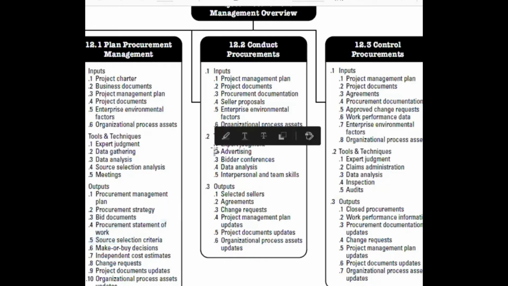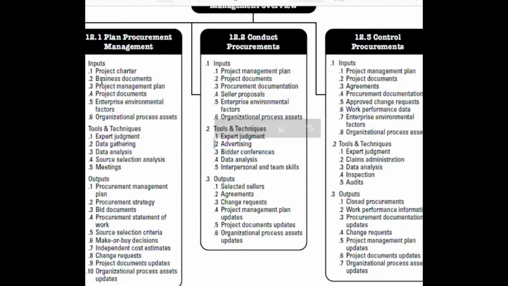So what happens in the organizations, we prepare our procurement management plan where we decide what work should be done in the project, the high level work. Then we set our procurement strategy, which means that we will be buying for the project or we will be outsourcing the project. And this is called make or buy decisions.